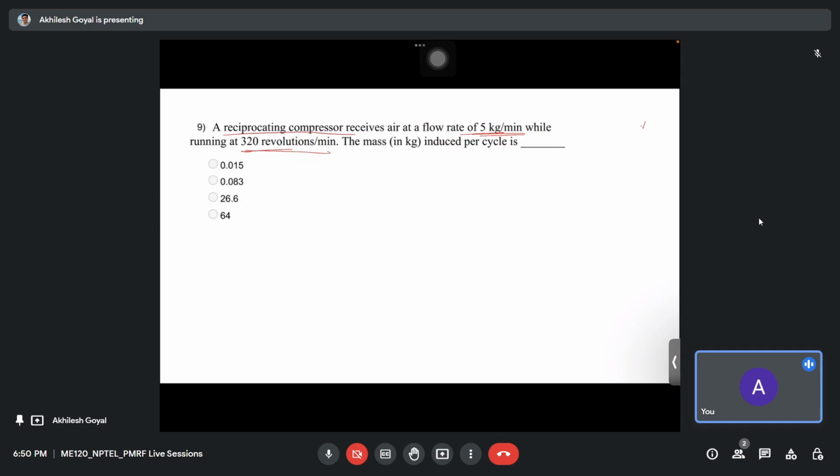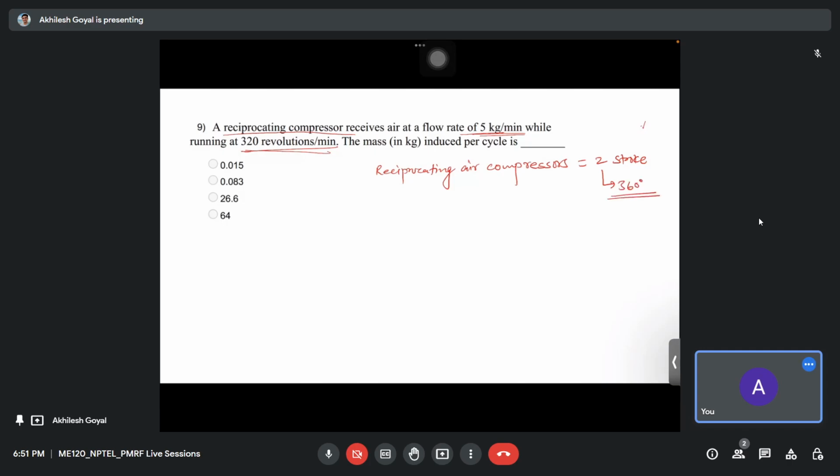As we know, reciprocating air compressors are two-stroke machines. Two-stroke machines means the cycle completes in two strokes, and two strokes means 360-degree rotation.